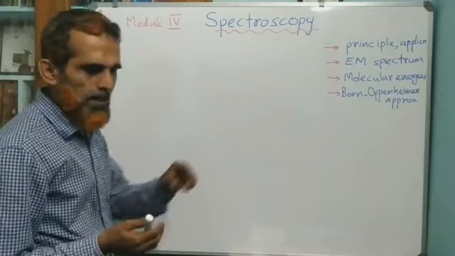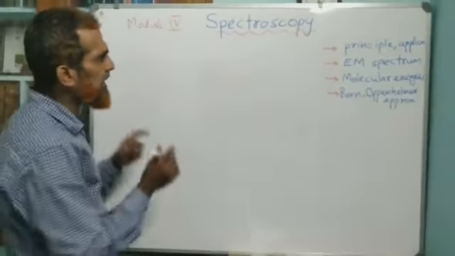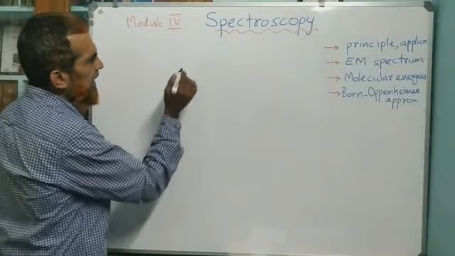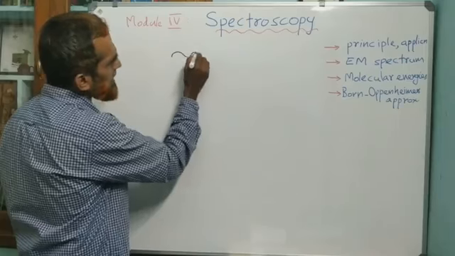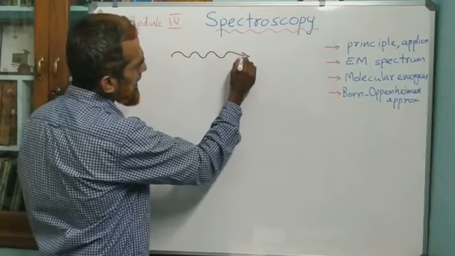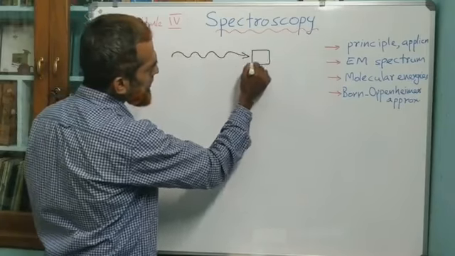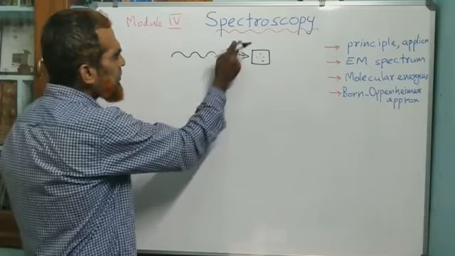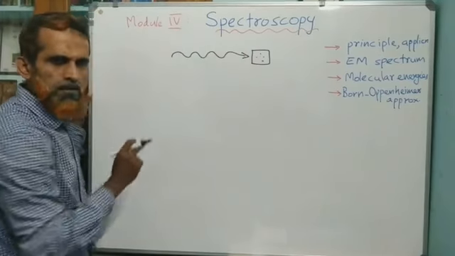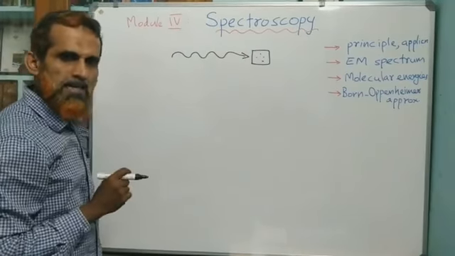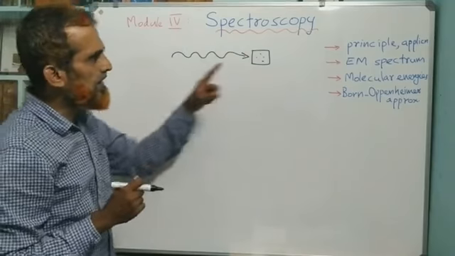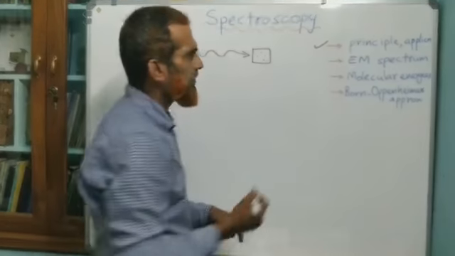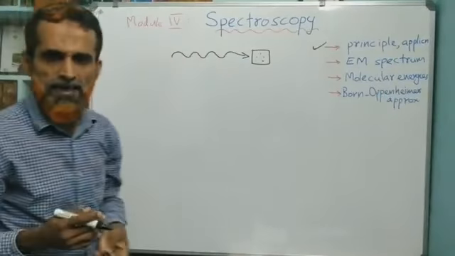So in this class we discuss, as I told you, that in any spectroscopy, electromagnetic radiation, EM radiation, interacts with the molecule. Suppose this is a molecule present in the sample. So we have to first discuss the speciality of EM radiation. What is the electromagnetic spectrum?